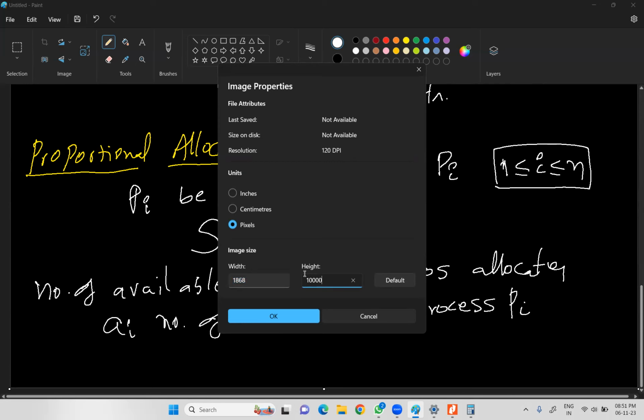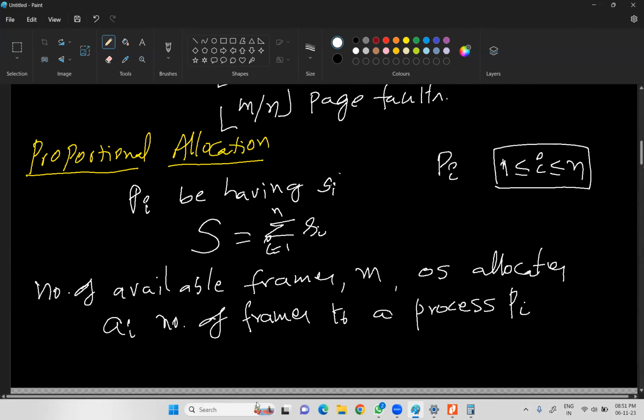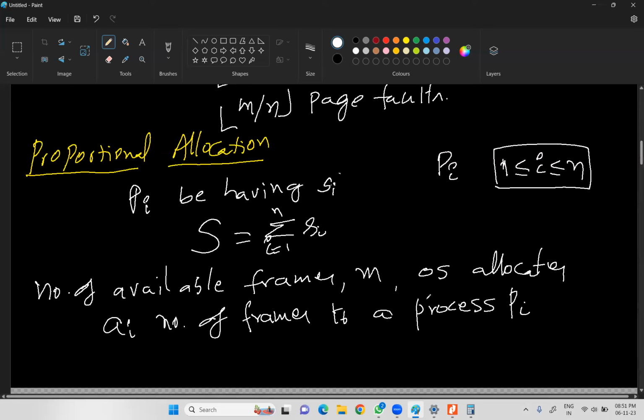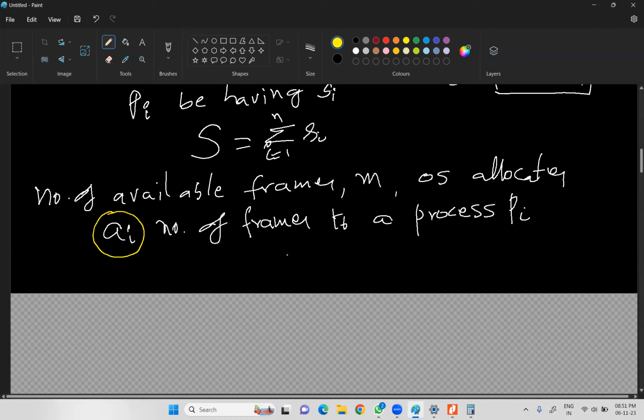Then what would be the approximate value of this allocation?